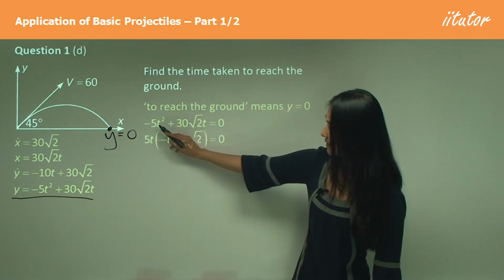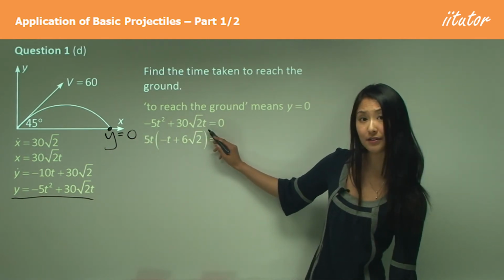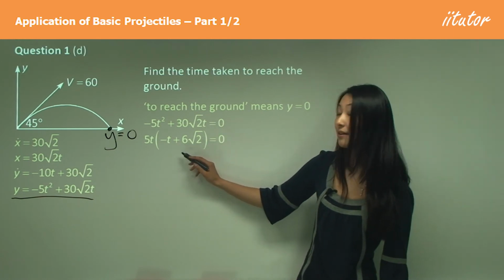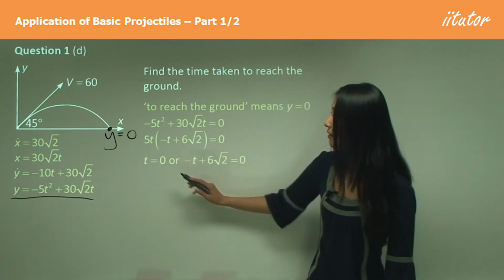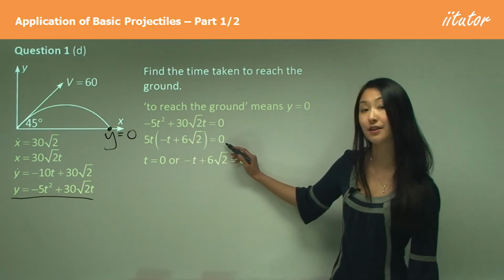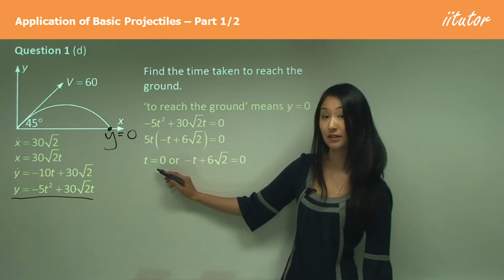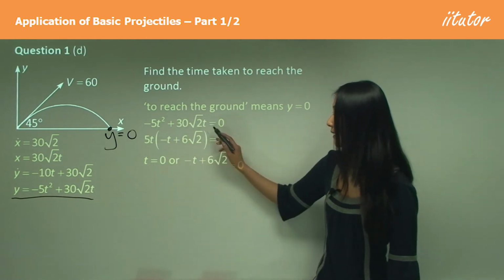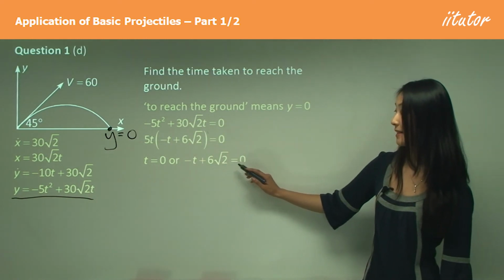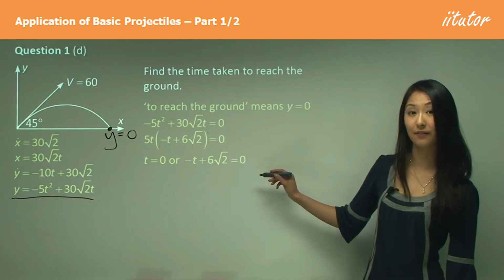So in this case, I can take 5t out of both of those. So that's what I've done here, which means that either this equals 0, so 5t equals 0, which just simplifies to t equals 0, or this bracket here, negative t plus 6 square root 2 equals 0.